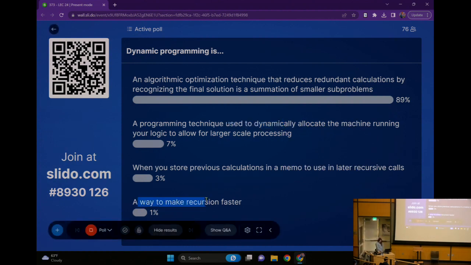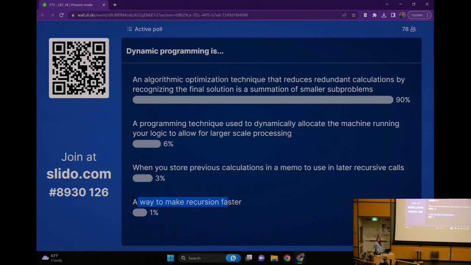This one, a way to make recursion faster. I'm surprised it's the least popular because somebody afterwards could really argue with me that it's technically correct. But here's the thing, I talked about dynamic programming almost exclusively in the context of recursive programming, because that is almost always when we are applying it, but it isn't always necessary.